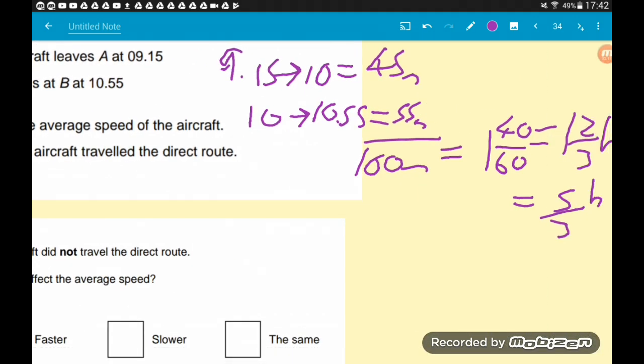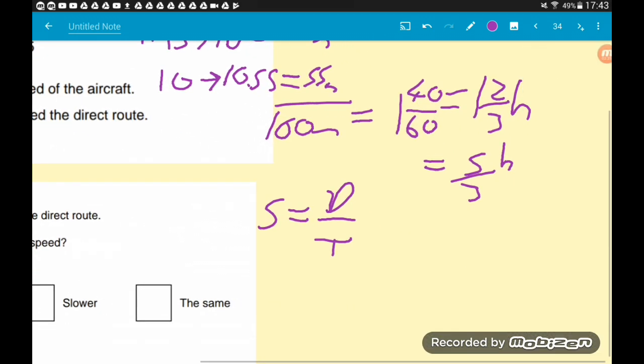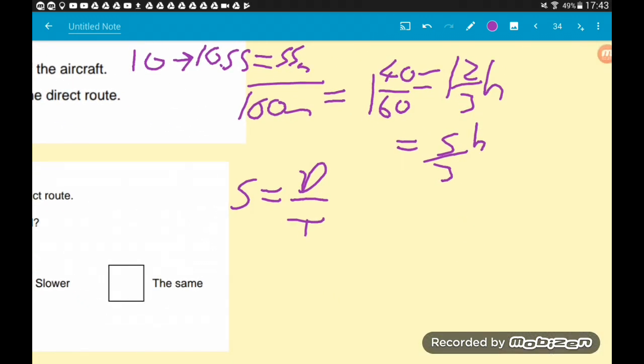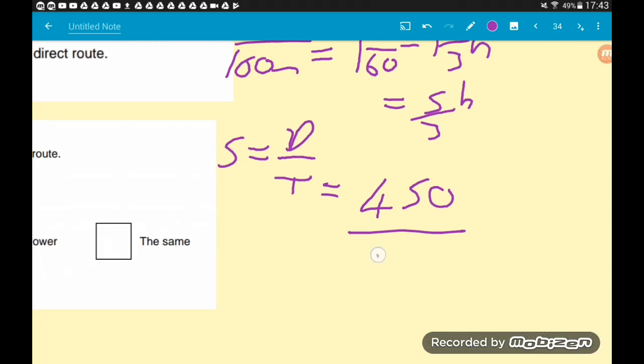So we want to work out the average speed. Again, remember, speed is distance over time. So we know the distance is 450 kilometers. The time is 5/3 of an hour. So we're doing 450 divided by 5/3.